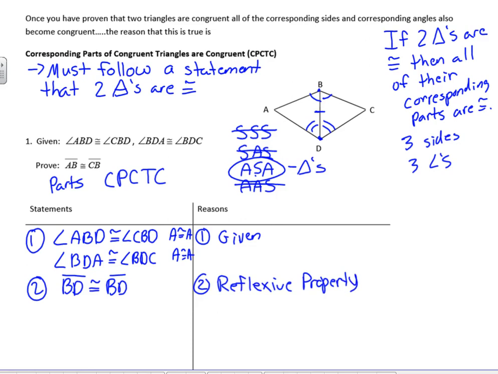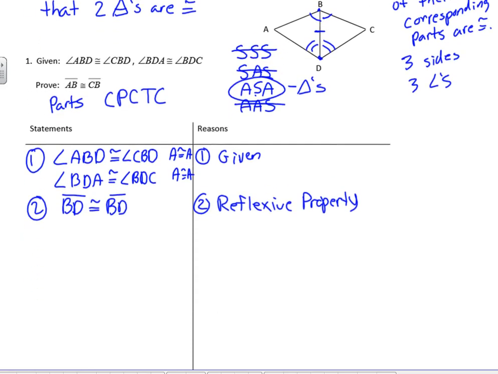Now that's our side congruent to a side. So that allows us to prove the triangles are congruent. So we can say triangle ABD is congruent to triangle, if we started with A, we need to go CBD. And the reason here is angle side angle.